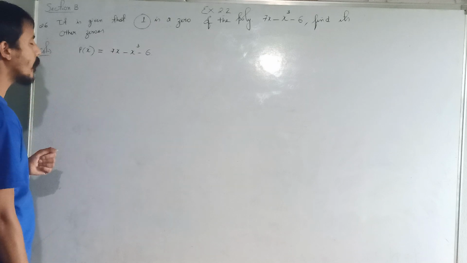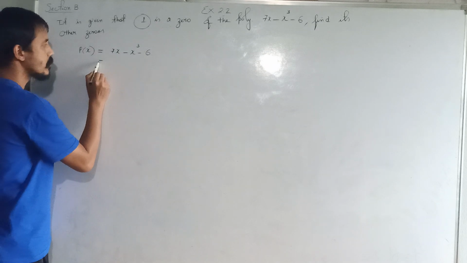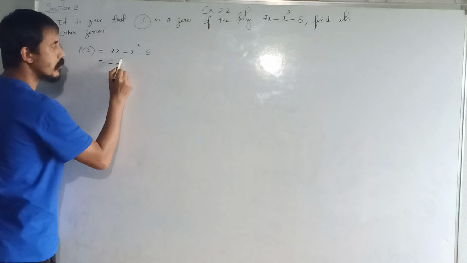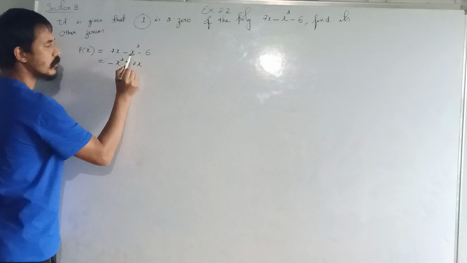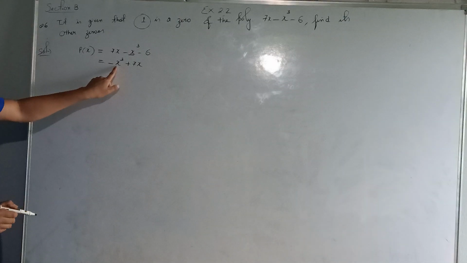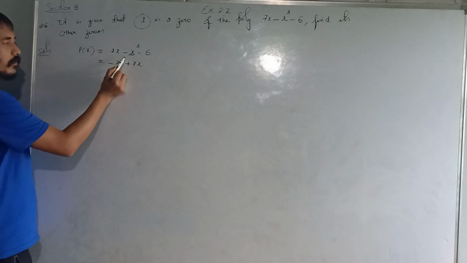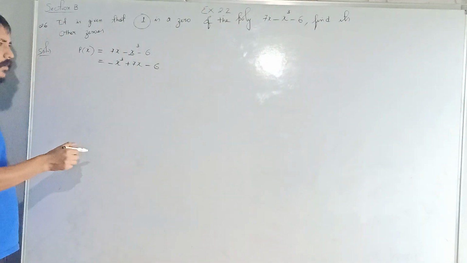We have to arrange the polynomial in the order of decreasing power. So we need to write minus x cubed first, because this term contains the highest power, followed by plus 7x and then minus 6.